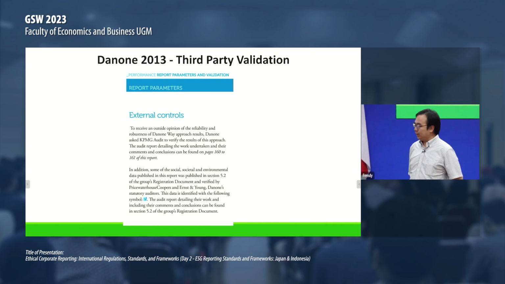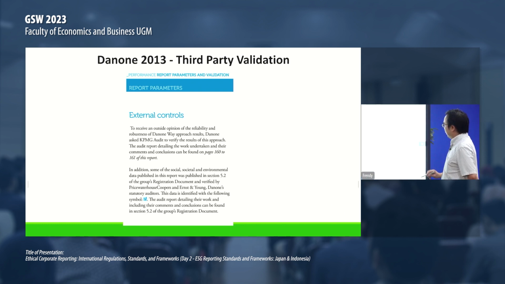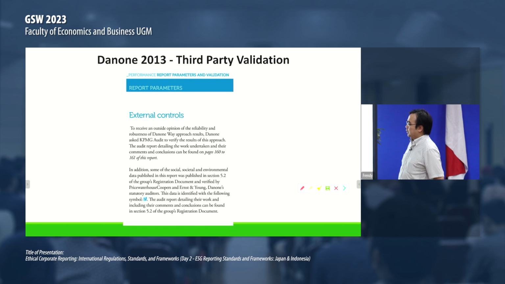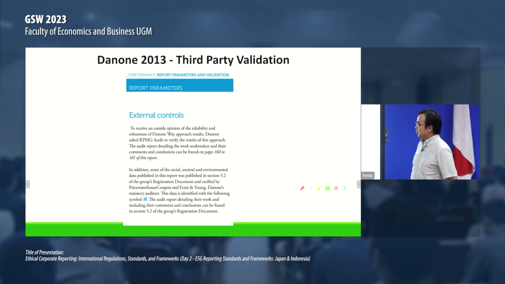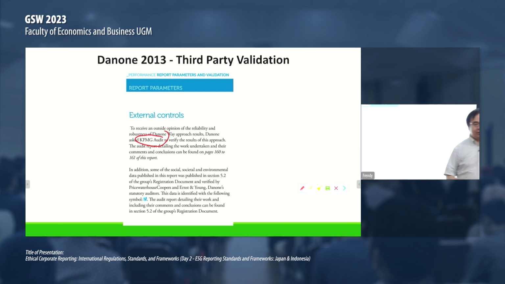They have to explain it in this part. So what is the name of the company that they hire? Check their sustainability report, in this case, integrated report. This one, right? KPMG audit.